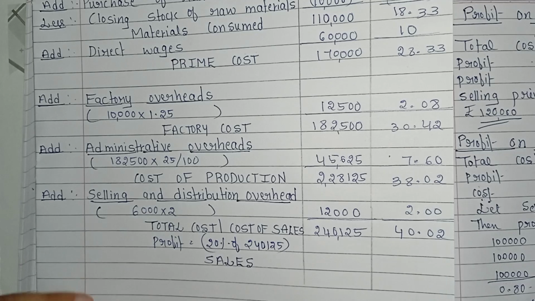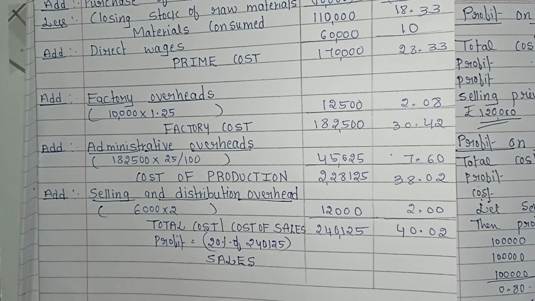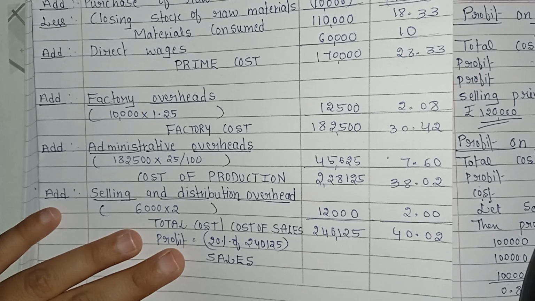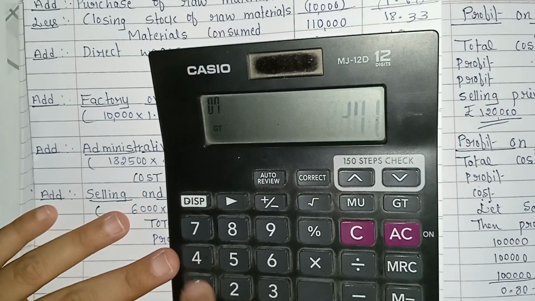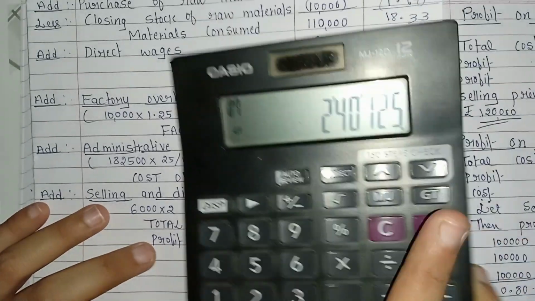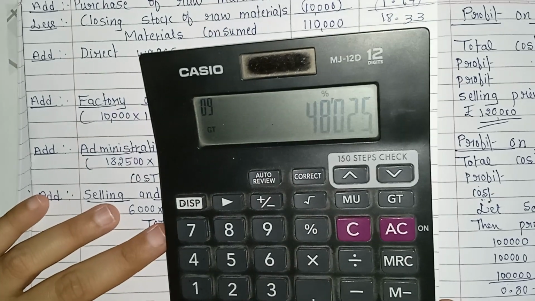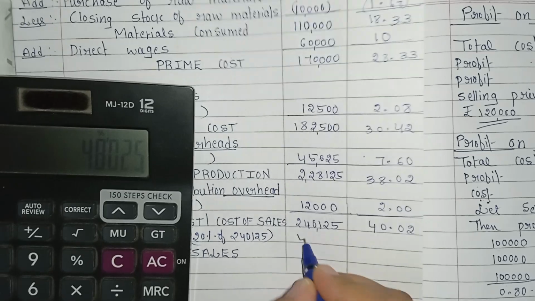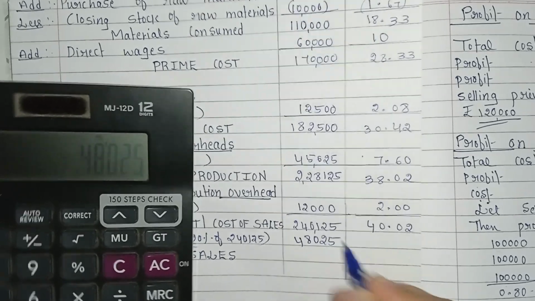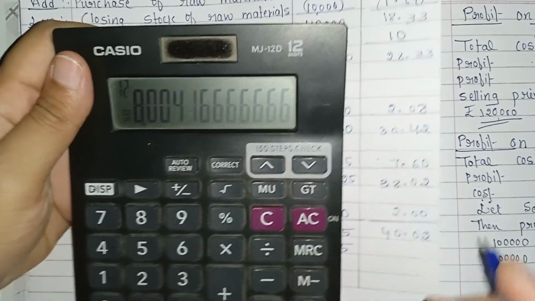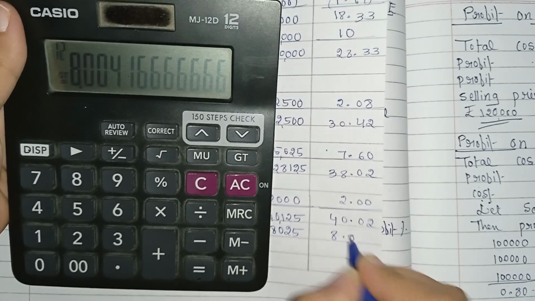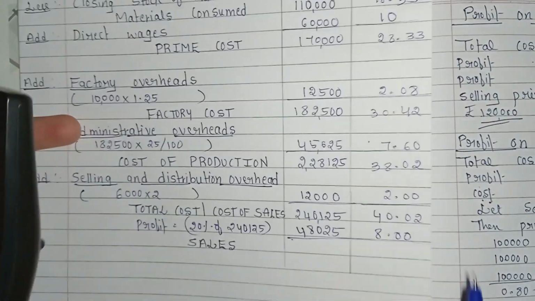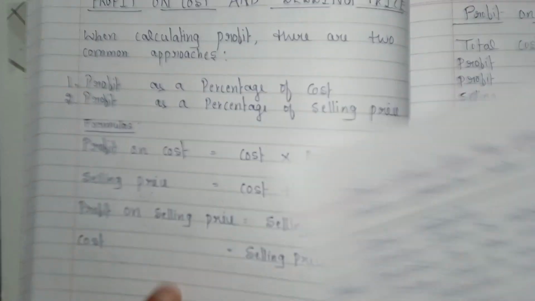But here they said profit is 20% on cost, so we directly calculate profit on cost: 2,40,125 into 20% equals 48,025. 48,025 divided by 6,000 units equals 8.00. Clear?